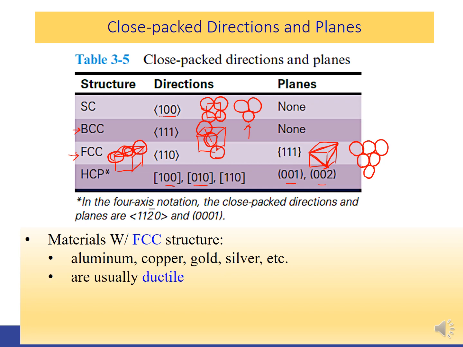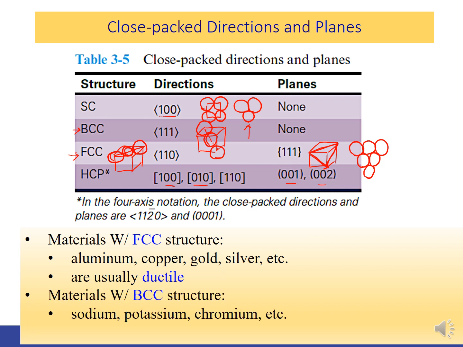And usually they are ductile. Materials with BCC structures include sodium, potassium, and chromium, and materials with BCC structures are hard and less ductile, which means they usually are brittle, easy to shatter.